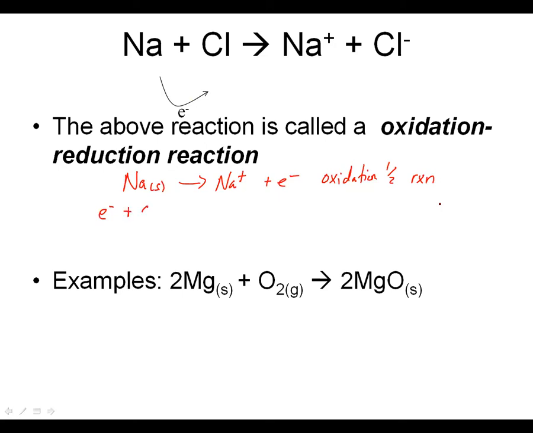To balance everything out, we would need a 2 there, and a 2 there, and a 2 there, and a 2 there. That represents the balanced equation, and this is our reduction half reaction.